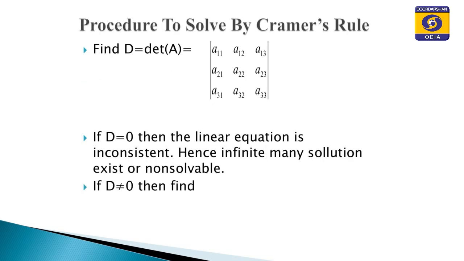Procedure to solve by Cramer's rule. First, find det A. If det A is equal to 0, then the system is inconsistent, hence infinitely many solutions exist, that is, it is non-solvable. If det A is not equal to 0, then we find dx, dy, dz. We find dx by replacing the first column of coefficients with the constants.